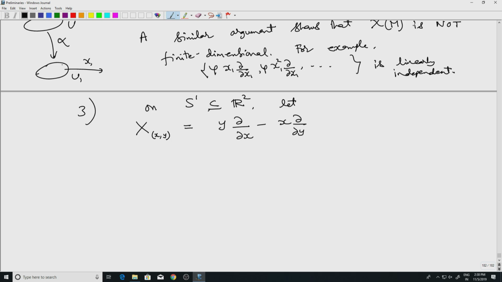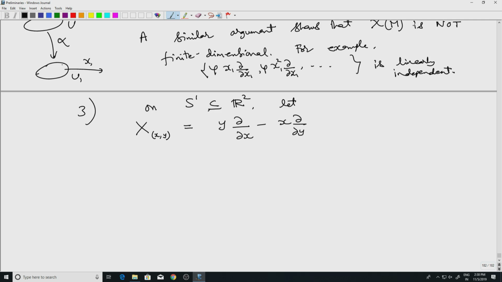So there are two things to check. First of all, what I have defined here is certainly a tangent vector to R2, but is it actually a tangent vector to S1? That is one thing. Second thing is, as usual, is it smooth as a vector field on S1? It's smooth as a vector field on R2.